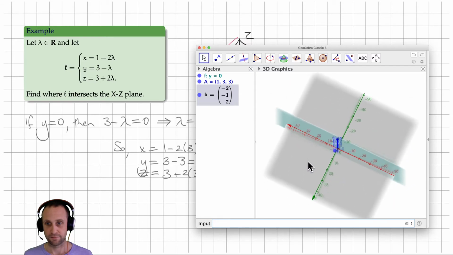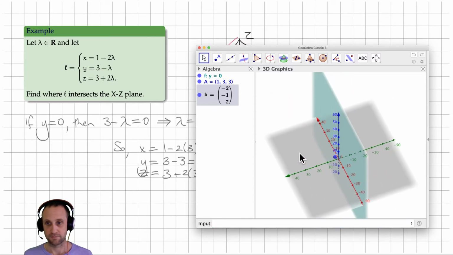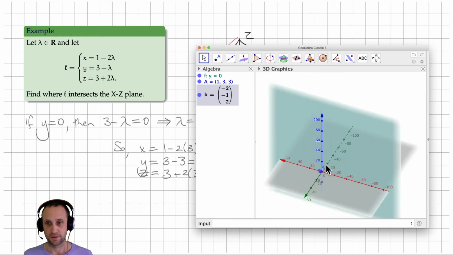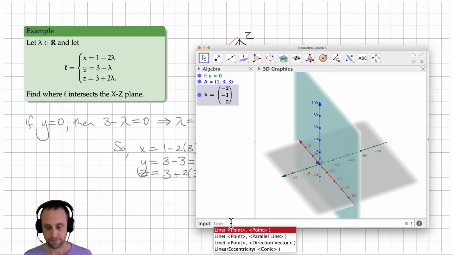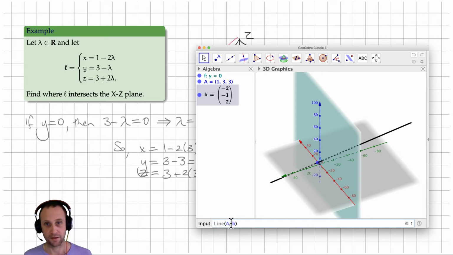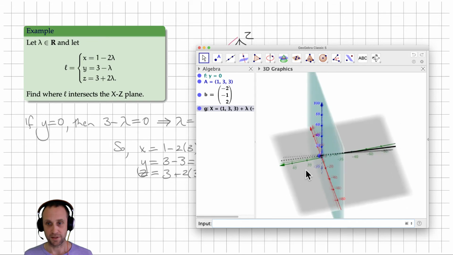Can I see it? Don't know actually. But anyway, we now have all the pieces that we need to get the line. So I'll use the line command here, and I want to use the point A and the direction vector, which I'm calling B, I think it was. And that is the line that we're dealing with in this particular problem.